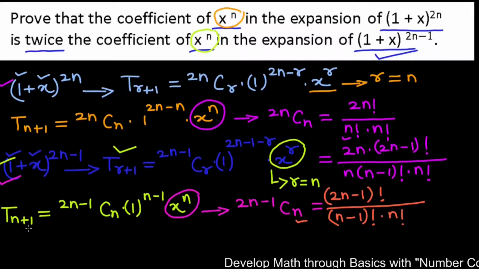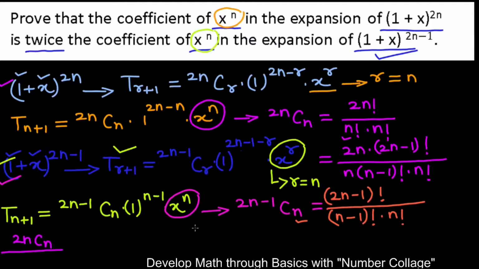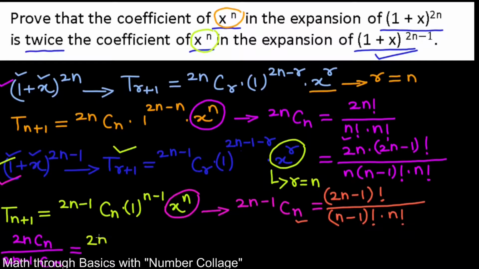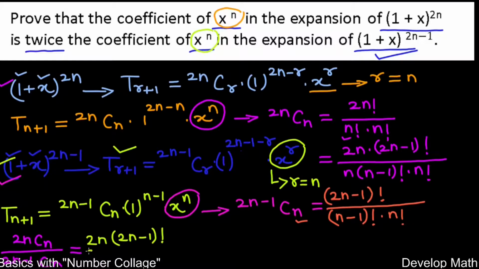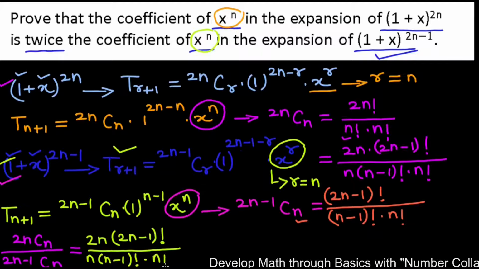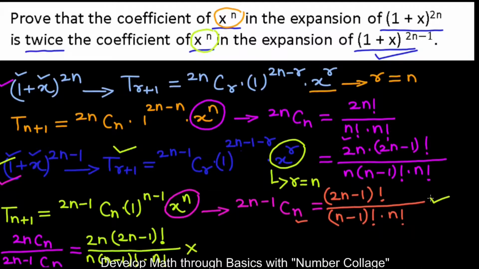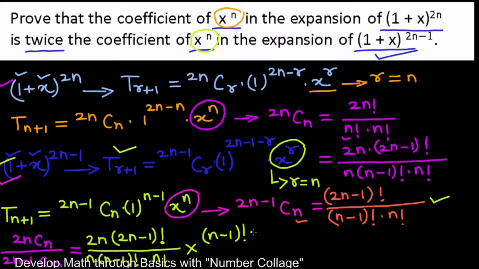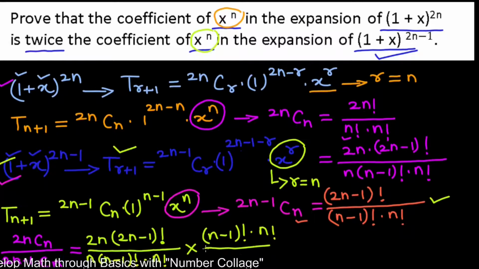Now we will divide 2n C n by (2n minus 1) C n, which will be 2n multiplied by (2n minus 1) factorial upon n into (n minus 1) factorial into n factorial, multiplied by the reciprocal of this, that will be (n minus 1) factorial into n factorial upon (2n minus 1) factorial.